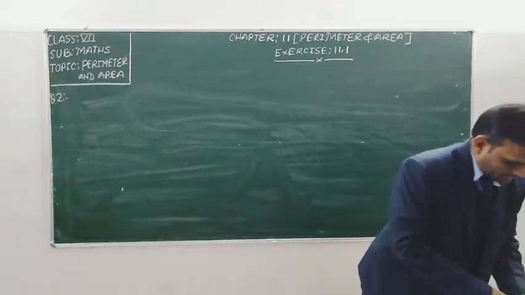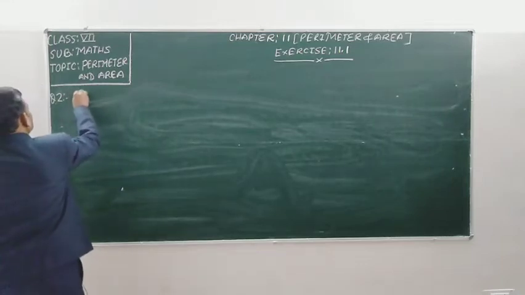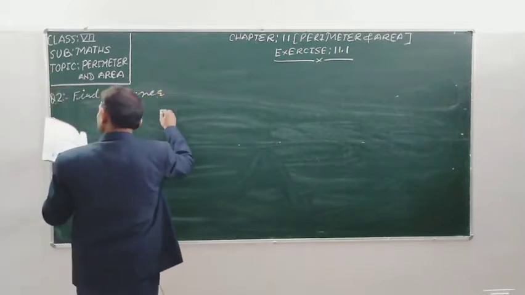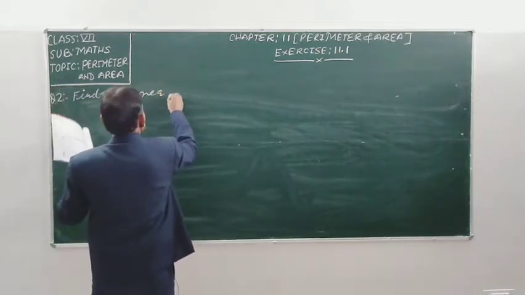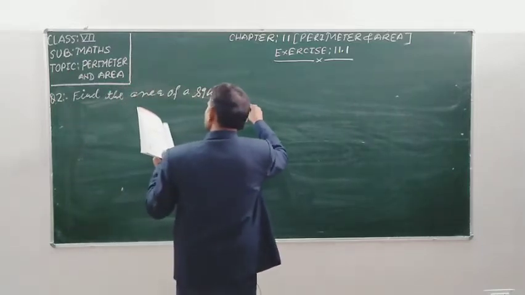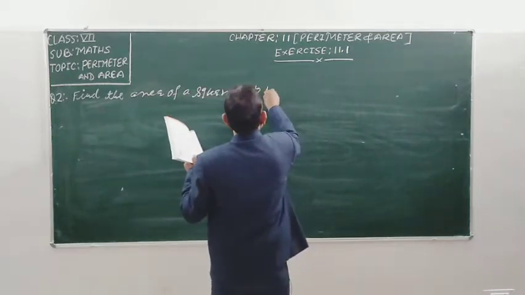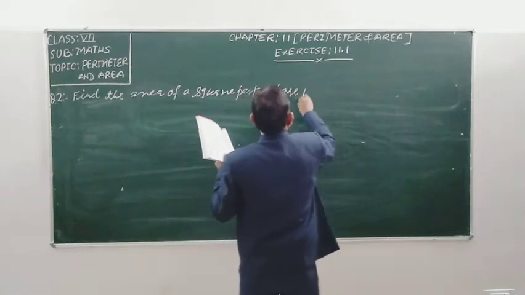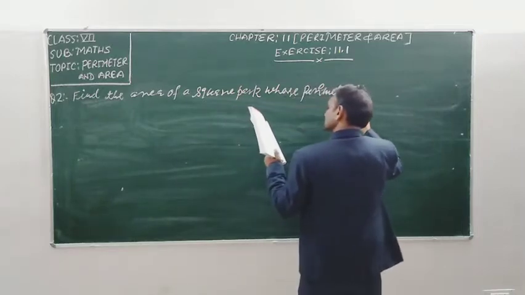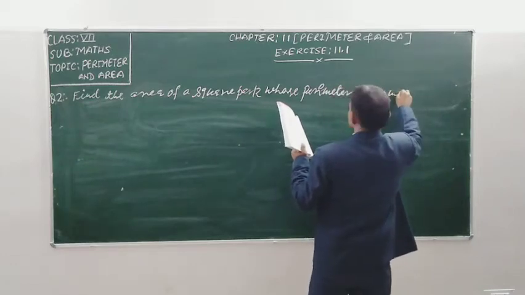Question number second, student, is asking you: find the area of a square park whose perimeter is 320 meter.